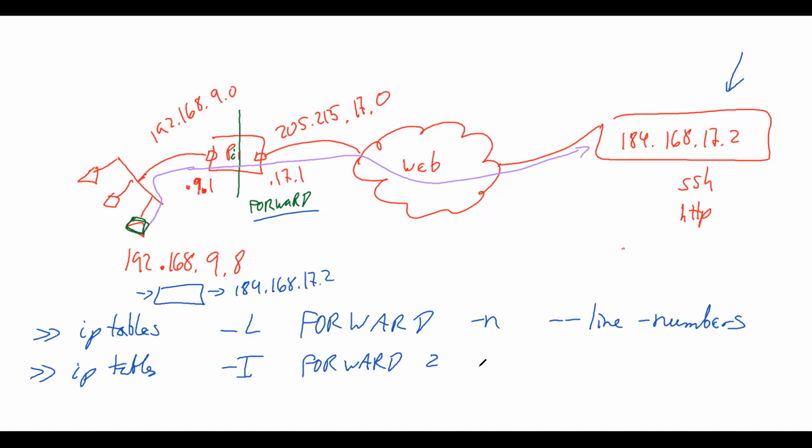Therefore, that needs to be dash d, the destination IP. And then you can hard code that as 184.168.17.2, and then dash j drop. Does this make sense? Any questions on this one?